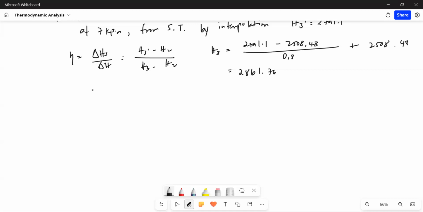Now we can find S3 actual. From the steam table, interpolate. Actually, no, double interpolation.